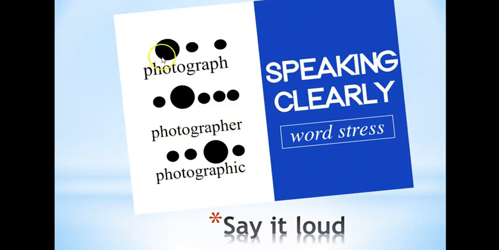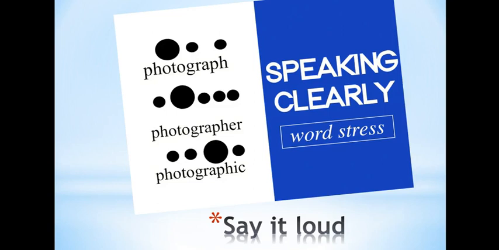The first one on the first syllable, photograph. On the second syllable, photographer. And the third one is photographic. So this is how we put the correct stress, right? So be careful, because as I told you, sorry I have to translate into bahasa ya.